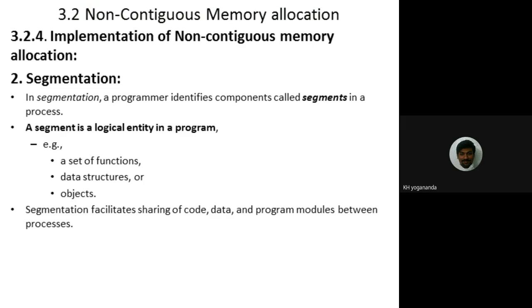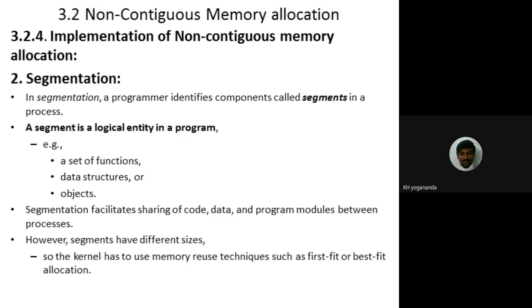If there are processes P1, P2, P3, then the program code, program data, and program modules can be shared among them. But here, unlike paging, the segments have different sizes, whereas paging has the same fixed size.